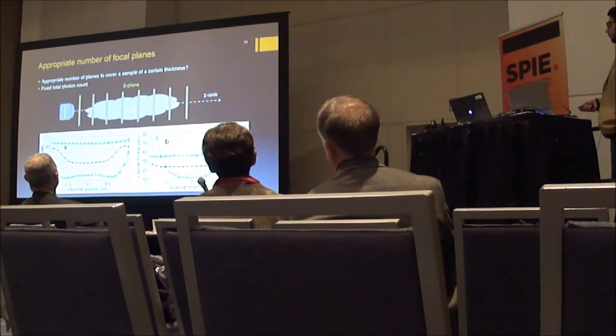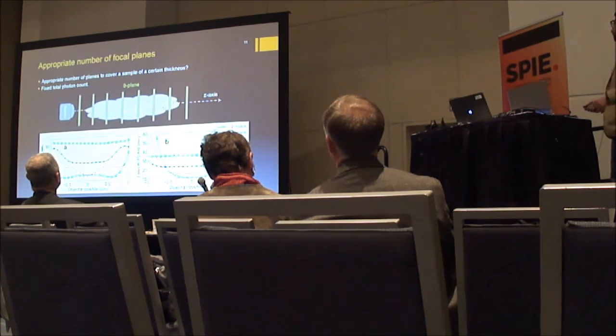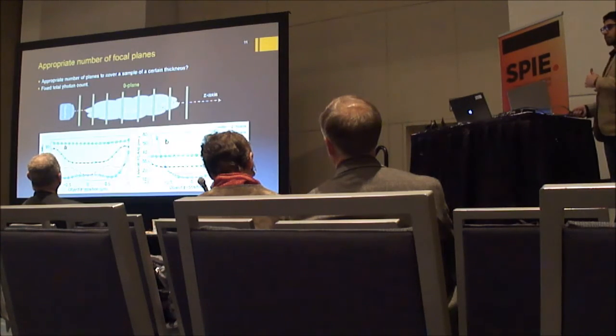This is the axial plan versus the objective position and the lateral. As you can see, with a small number of planes, for example, 2, we get large variations in the curve, or also here. If we increase the plane spacing to 8, for example, we get a very flat curve. Also notice we get the flat curve, but the numerical values of the plan is large, so the accuracy on average is not good.